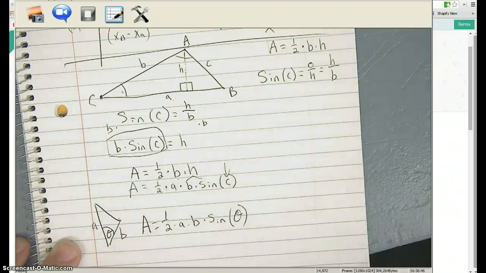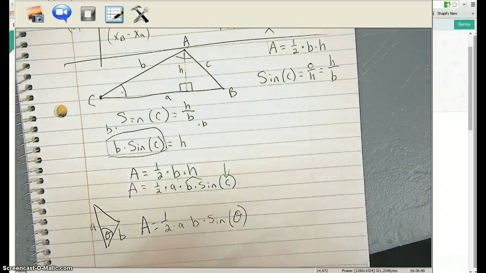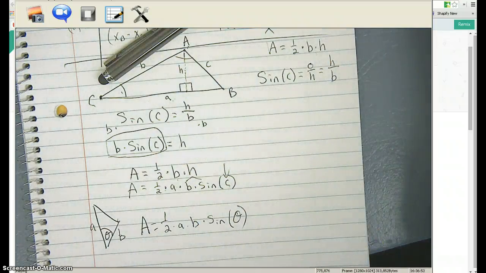I'll call it angle theta. For any triangle in any position whatsoever. Okay, we're just going to have to try this out. Let me get a couple of things up in GeoGebra and let's take a look.